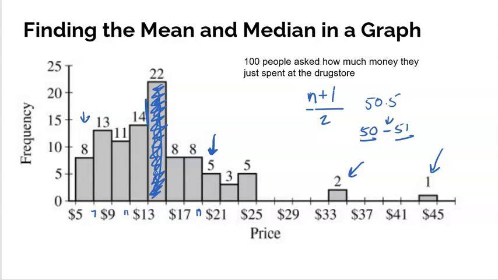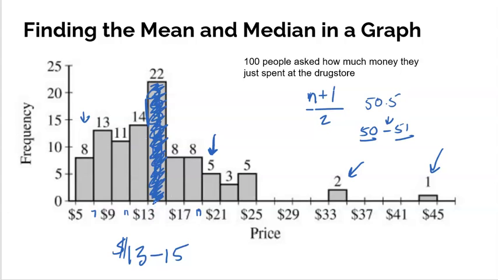And whatever the 51st value is, it's in this bin, which means the median falls somewhere between $13 and $15. I, again, don't know what it is. Could be $13.22, could be $14.68, I don't know. But I know that that 50th and 51st value, right where the median is located, is somewhere in that bin.